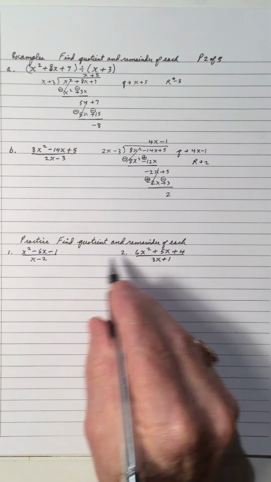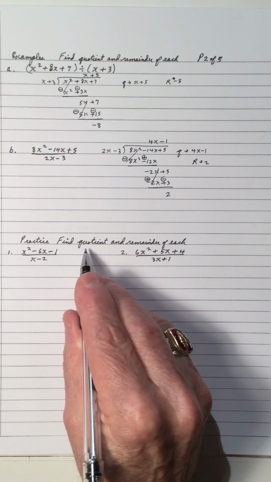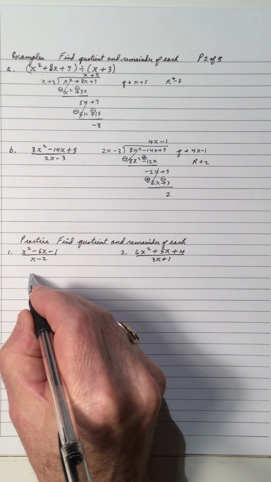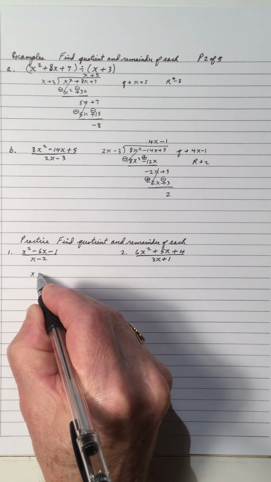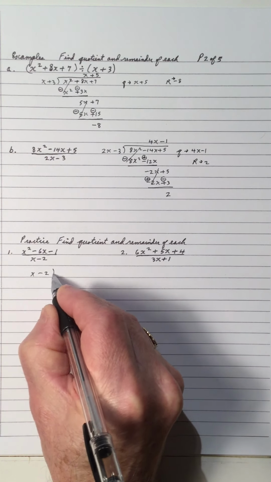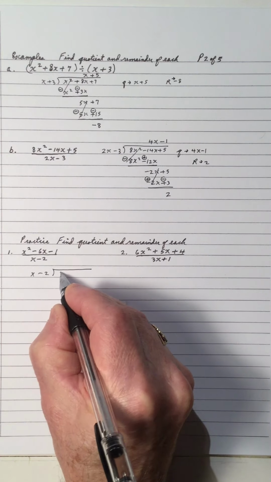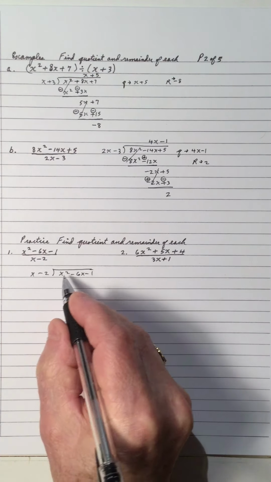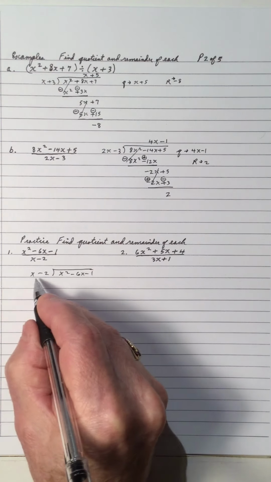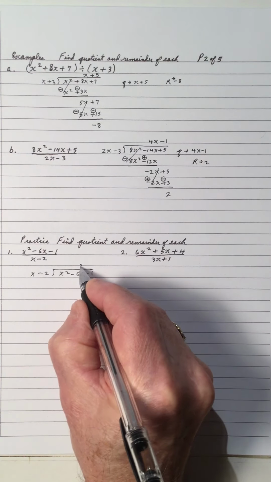And practice. Pause the video now, see if you can divide these. Find the quotient and the remainder. So here we go. So x minus 2 divided into x squared minus 6x minus 1. It's in descending order. So x into x squared goes x.